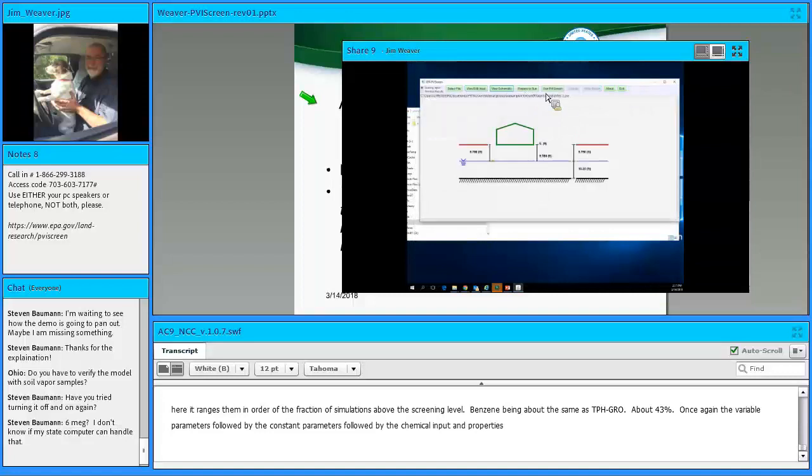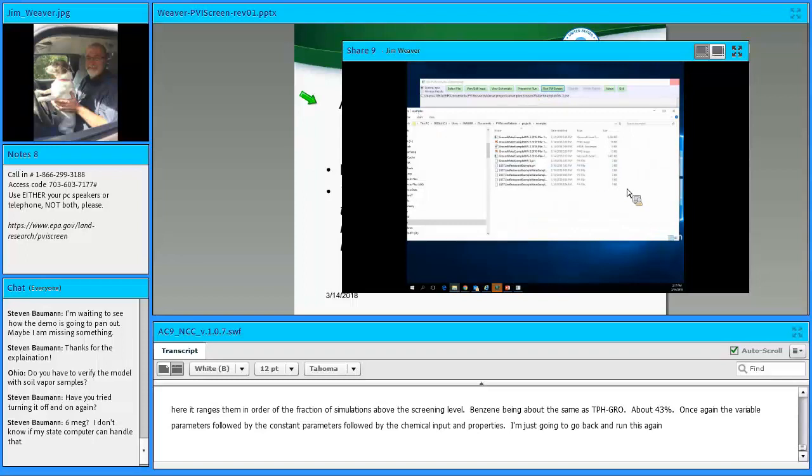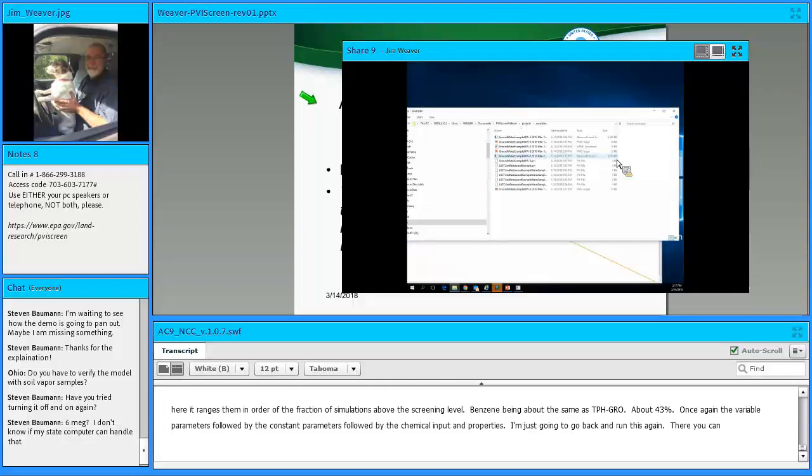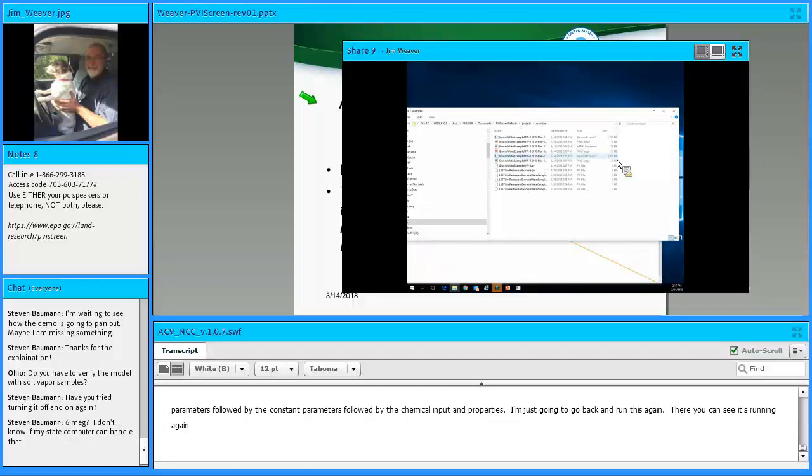I'm just going to go back and run this again. There you can see it's running again. Now, I didn't change the file name or anything. But this generates a unique set of files because of the date stamping.